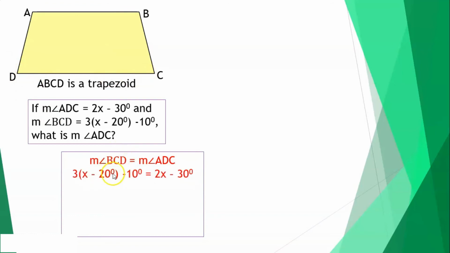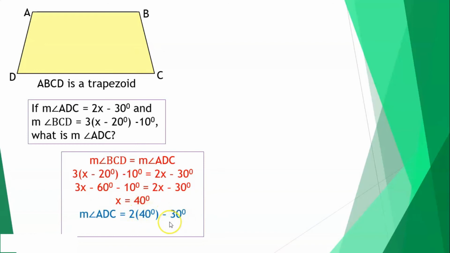So let's substitute and simplify. We'll get 3x minus 60 minus 10 and 2x minus 30. Simplifying further, negative 60 minus 10, that's negative 70. Transfer to the other side, negative 30 plus 70. So therefore, x is 40 degrees. And to find ADC, that's twice 40 degrees minus 30, so that would be 50 degrees.